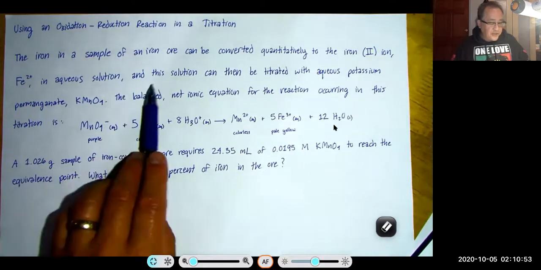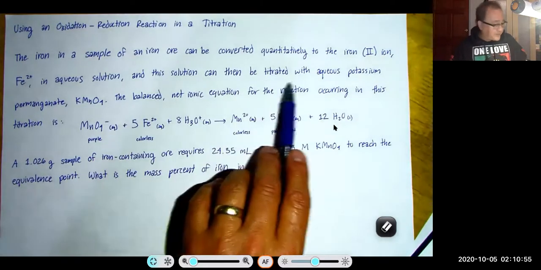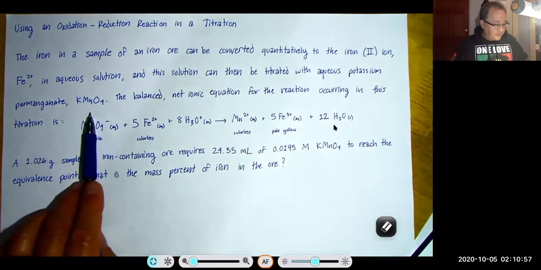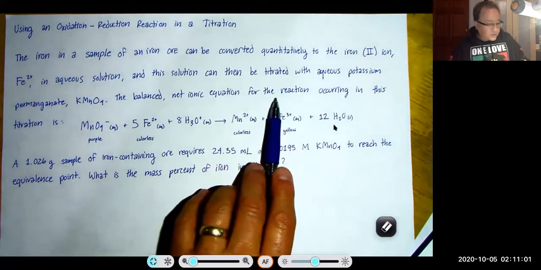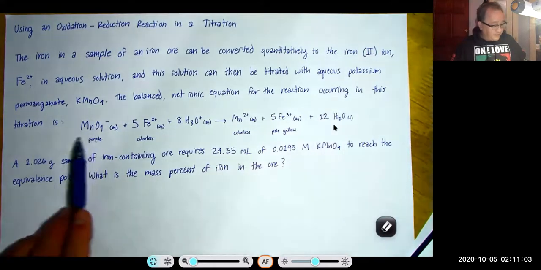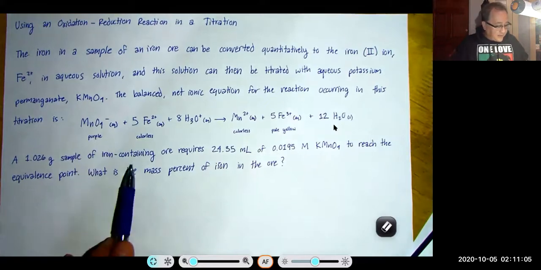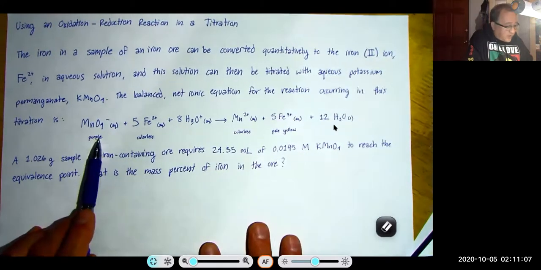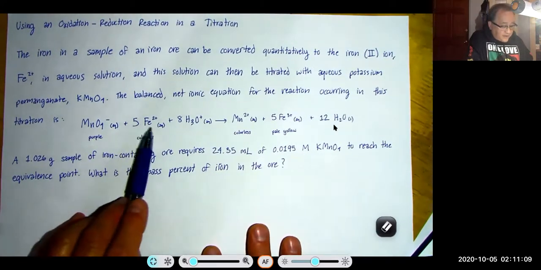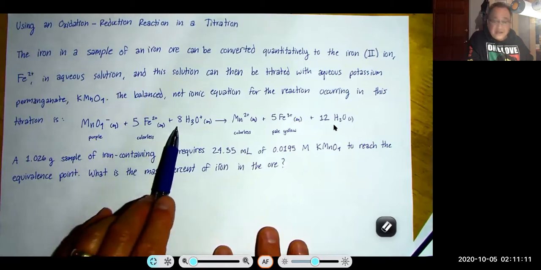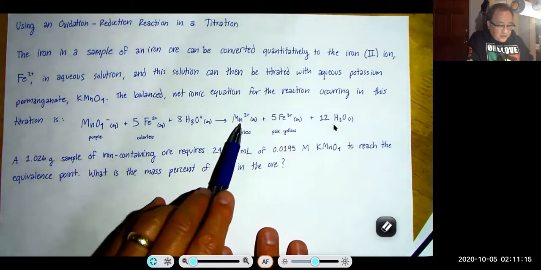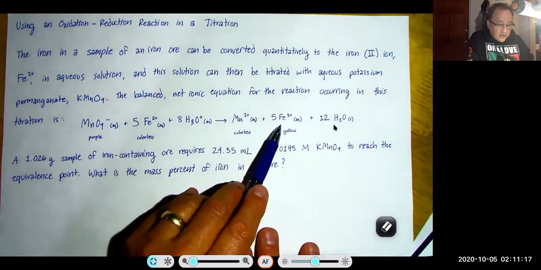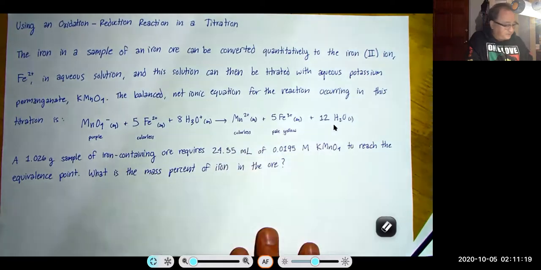And this solution can be titrated with aqueous potassium permanganate. The balanced net ionic equation for the reaction occurring in this titration is MnO4 negative, that's permanganate, reacts with 5 iron 2 ions and 8 hydronium ions to give you manganese 2 ion, iron 3 ion, and 12 H2O.